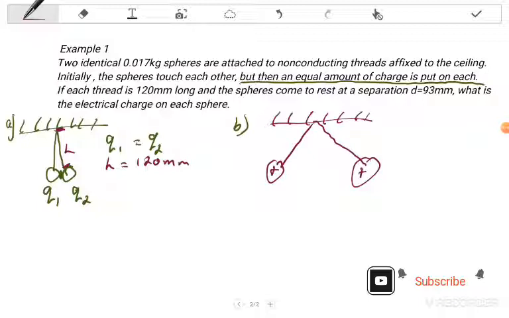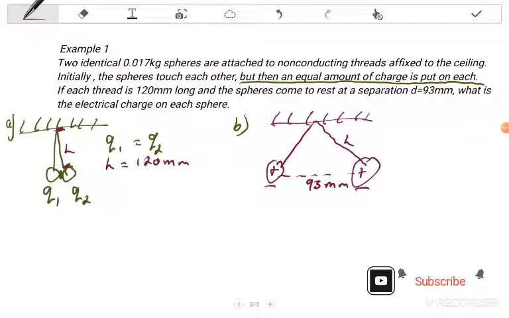So both spheres can be negative or both can be positive in order to repel. After repelling, they told us that the separation distance between them is 93 millimeters. We don't know the angles, we just know L and the separation distance.